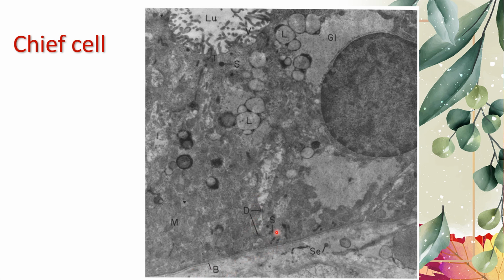More smaller secretory vesicles are present over here, and these are the mitochondria. So you can appreciate in this transmission electron micrograph that a large amount of glycogen as well as lipid droplets are present in the chief cell. This is the site of the lumen, where you can see blunt microvilli are also present in chief cells.